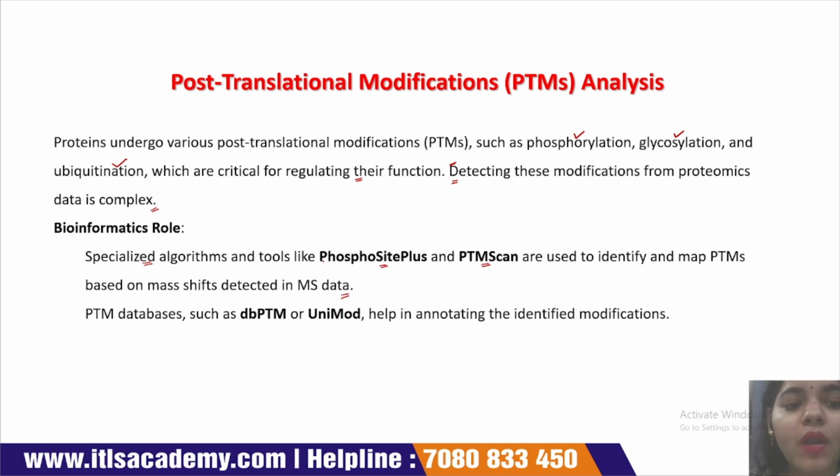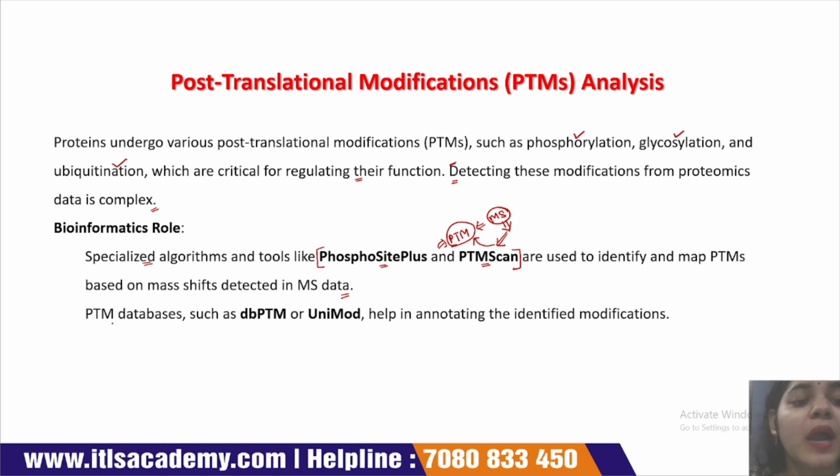Okay, these are the tools which are used to identify the post-translation modifications, and this data is generated by mass spectroscopy. The data generated by mass spectroscopy is analyzed by this software. Then this software is very helpful to understand the post-translation modifications.